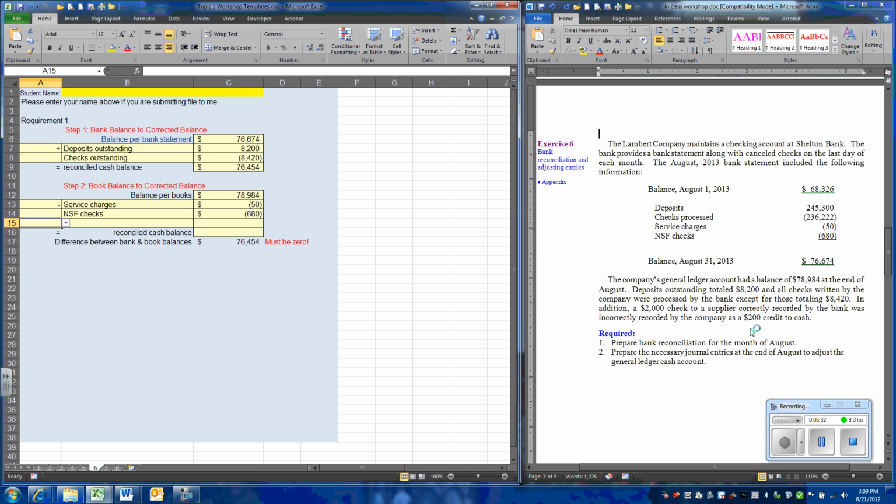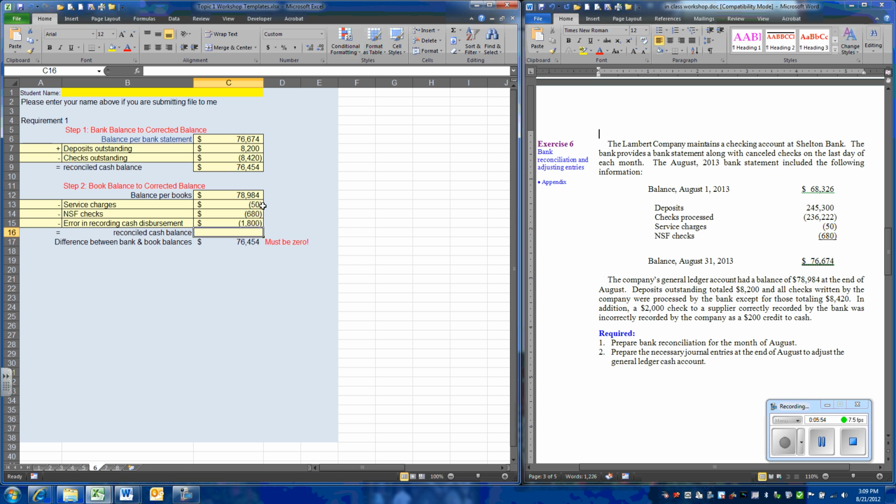Will this add to or subtract from our cash account in our journal? Obviously, we have to credit cash for an additional $1,800. That's going to reduce the cash balance. So we're going to reduce it down by $1,800.